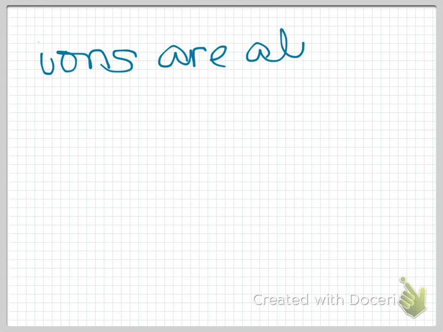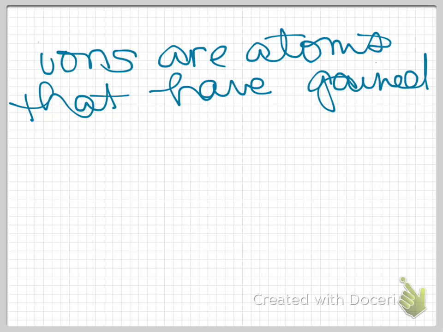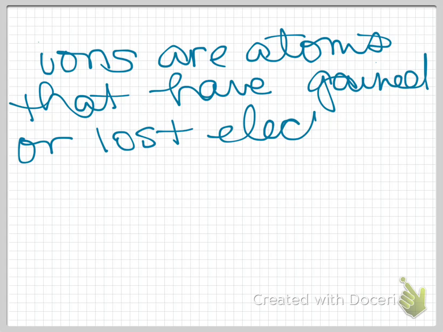Ions are atoms that have gained or lost electrons. And if they've gained or lost electrons, now they have a charge. And since they're not neutral anymore, we can no longer call them atoms.